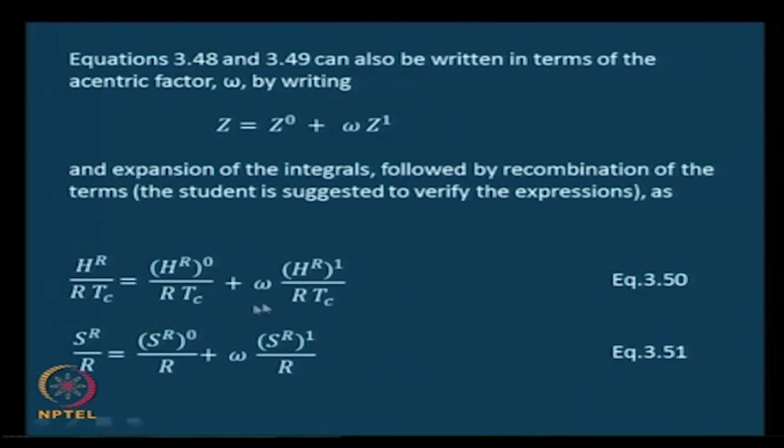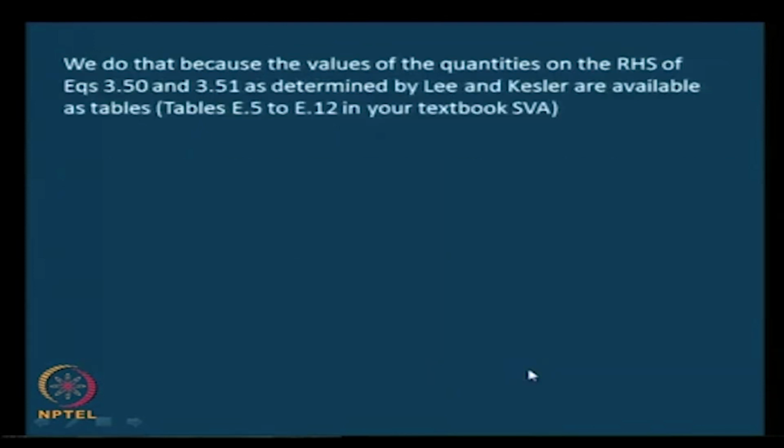Why did we go through all this trouble of converting something that was given in terms of a Z to something in terms of a certain Z0 and a certain Z1, and therefore in terms of a certain HR0 and HR1 or SR0 and SR1? It would become apparent now.